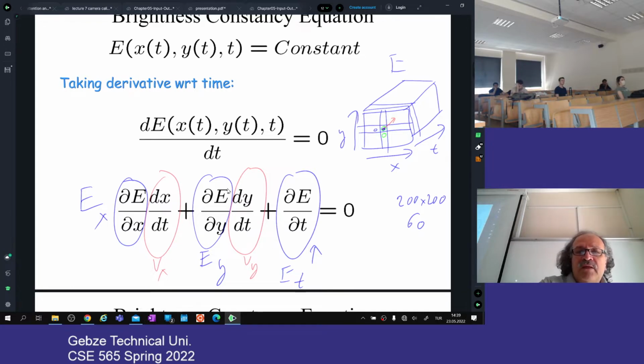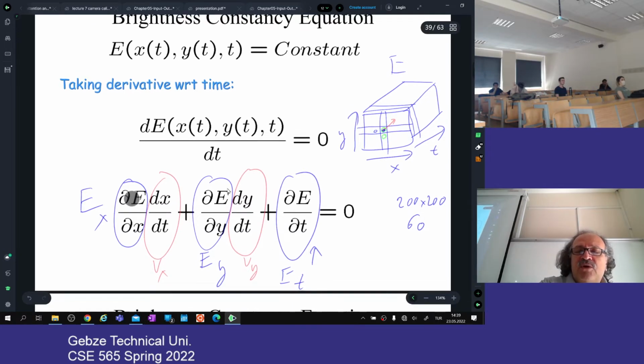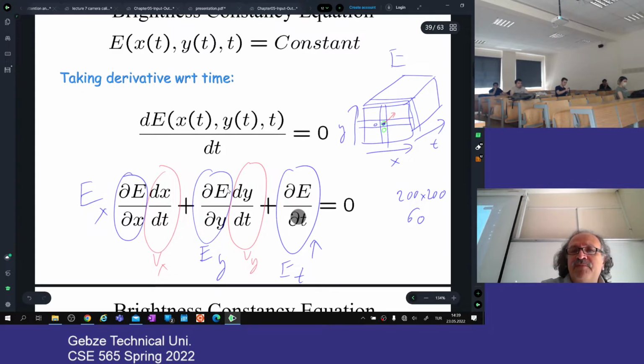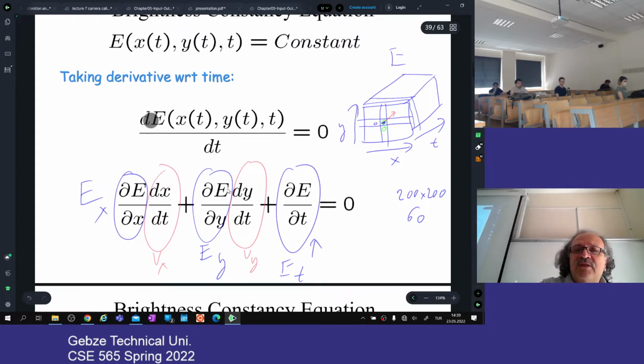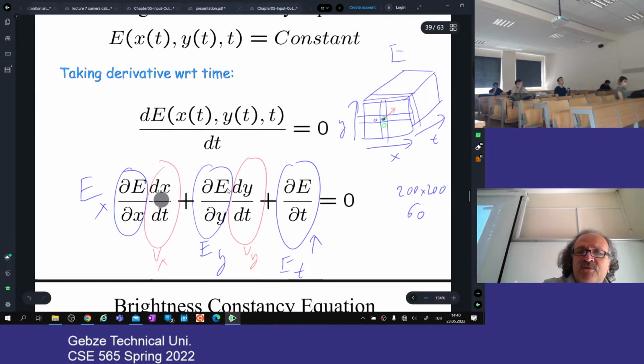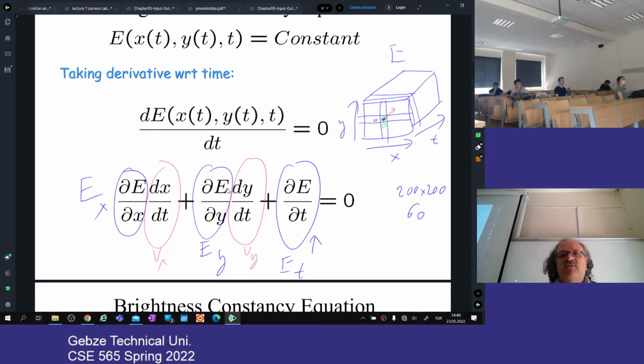First of all, I need to take the derivative of this function with respect to t, that's this one. Also take the derivative of this function with respect to y and x, and then multiply those by the derivatives of y and x with respect to t. That's how we learned to take the derivatives of this kind of function, the chain rule, and this is what we do.